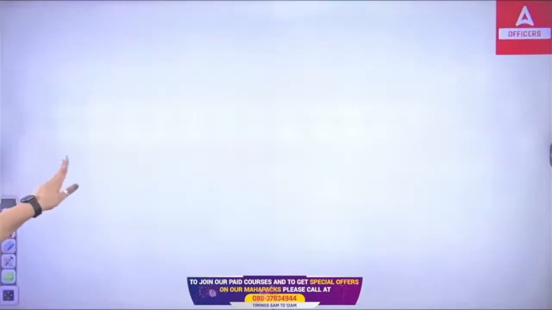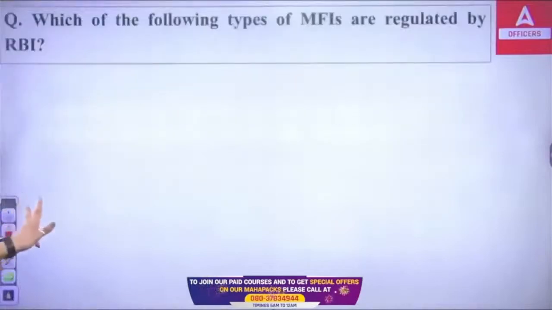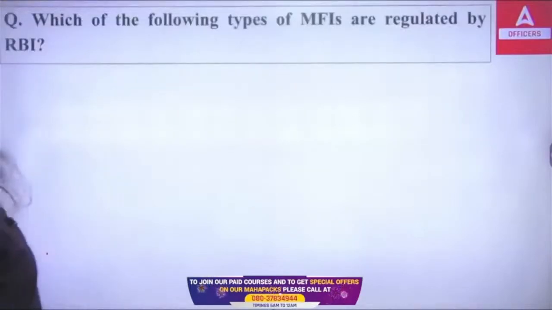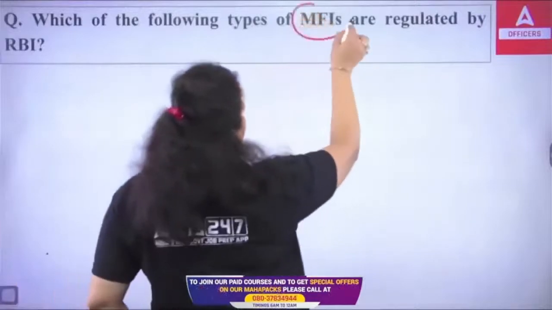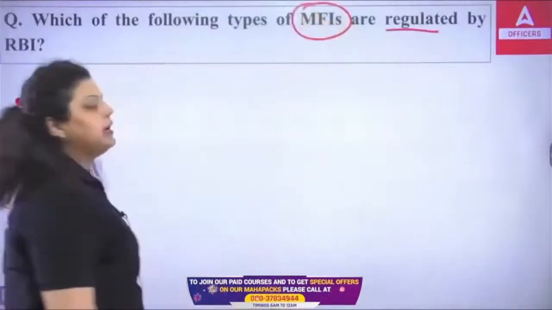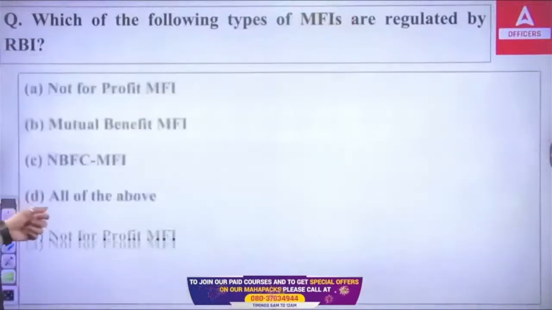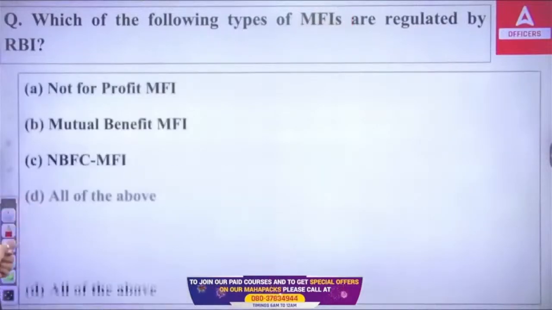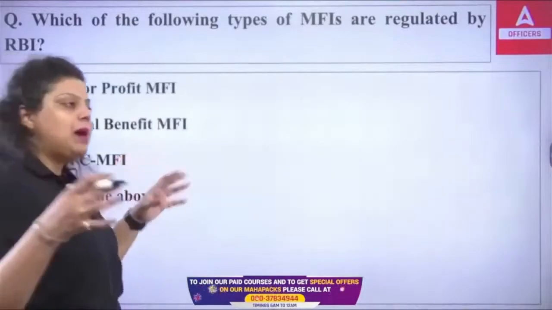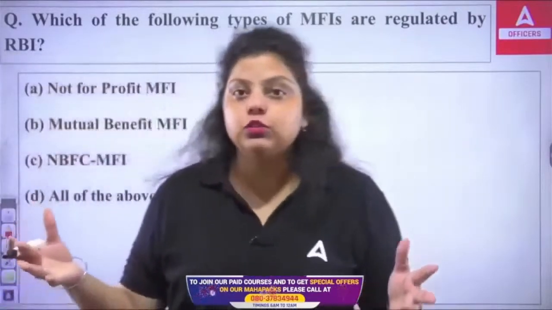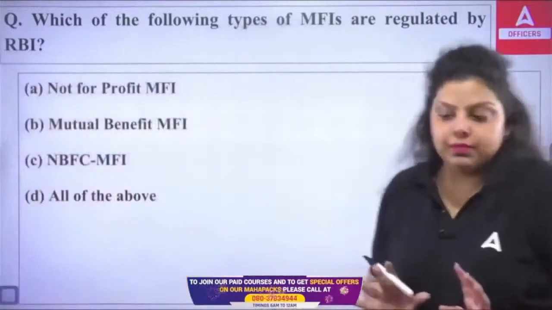Next. Which of the following types of microfinance institutions are regulated by RBI? First of all, there are 3 types of microfinance institution, and out of those 3, which will be regulated by RBI? Banking institutions and non-banking financial institutions are all regulated by RBI in the end.